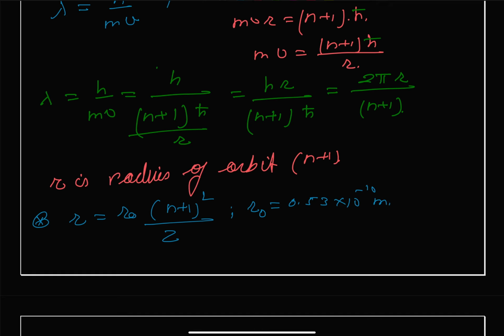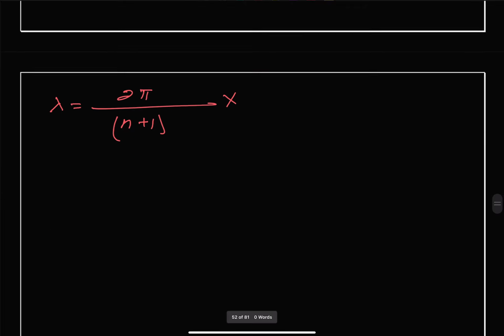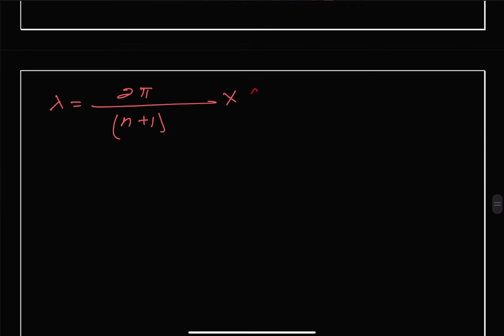So we can write that our lambda, that is the de-Broglie wavelength, is equal to 2 pi multiplied by r naught, n plus 1 whole square divided by Z, all divided by n plus 1.